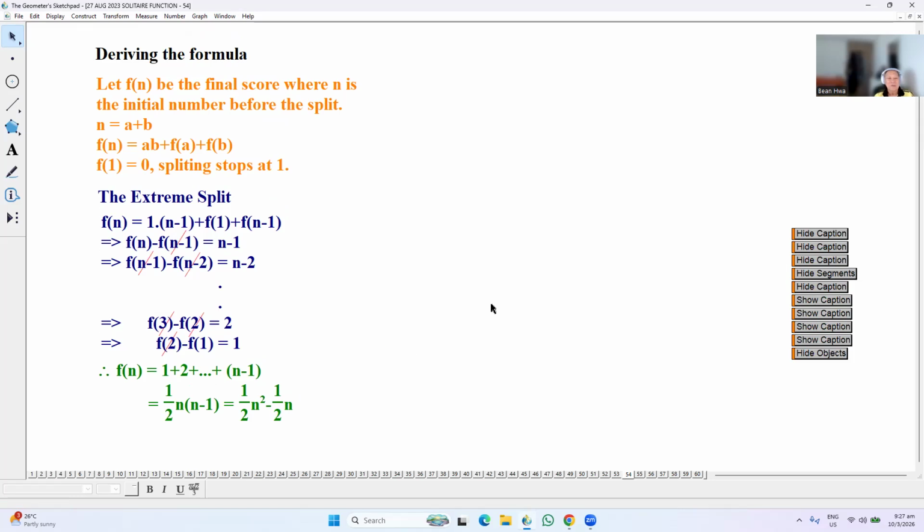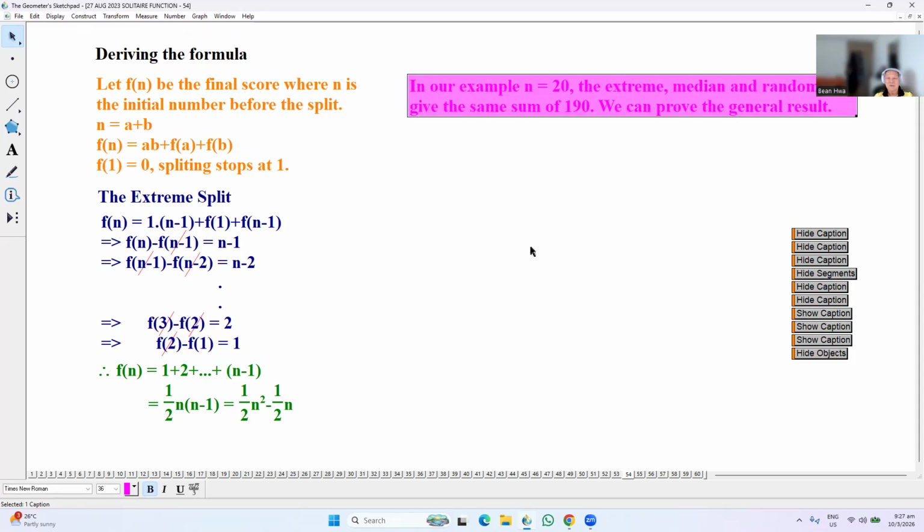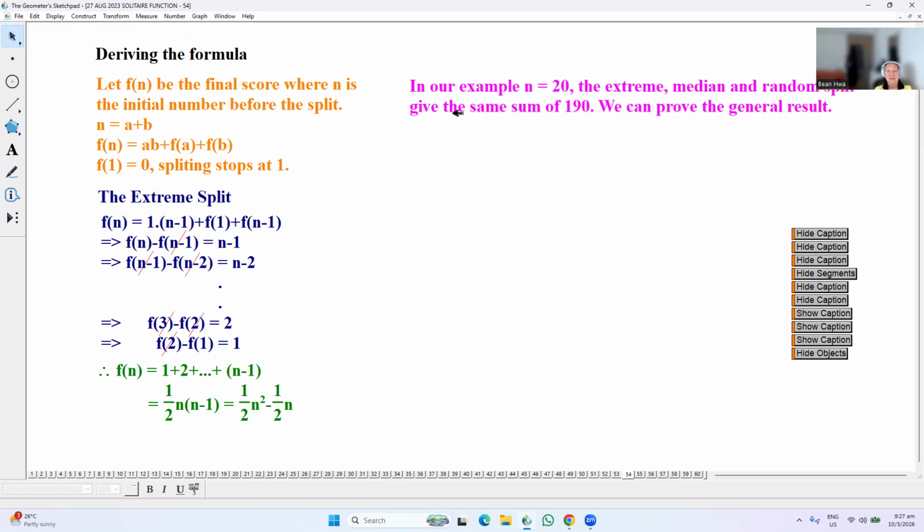Now, let's look at the other two splits. We realize that in the example n equal to 20, the extreme, median, and random split gave the same sum. We can prove the general result for the median and the random split.